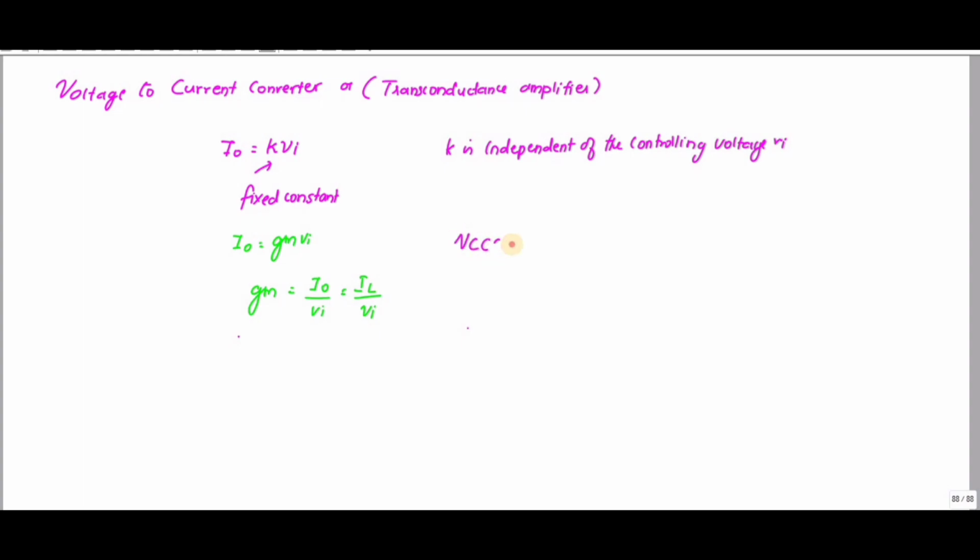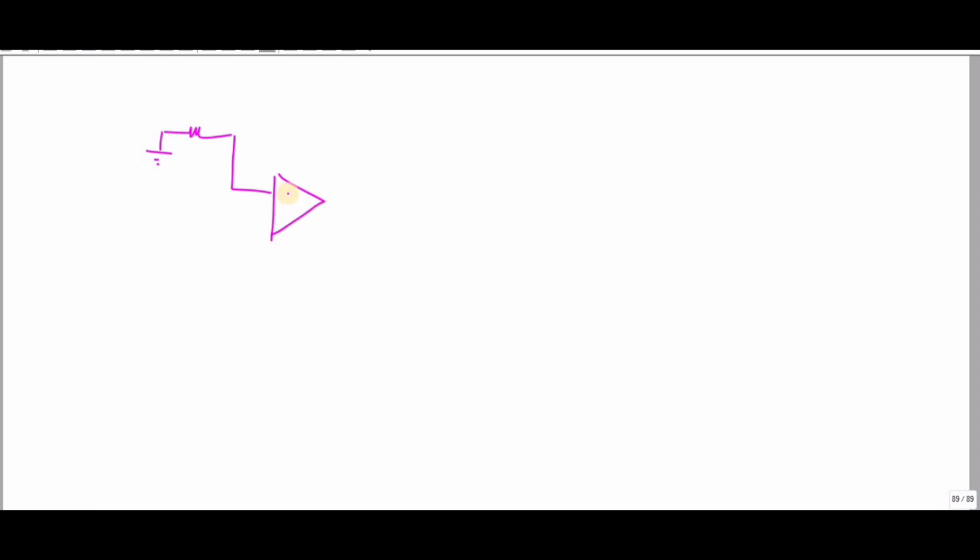This is called a voltage controlled current source. We have two diagrams which we are going to discuss.